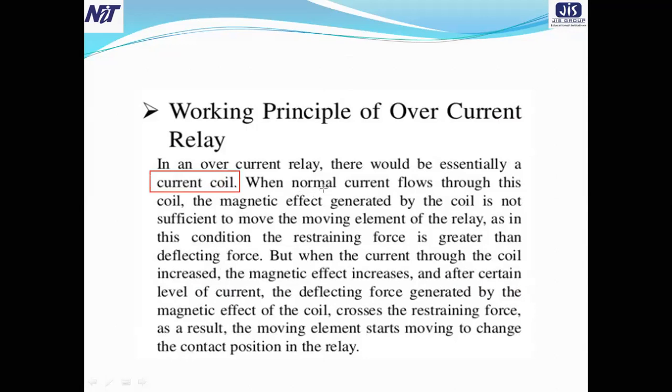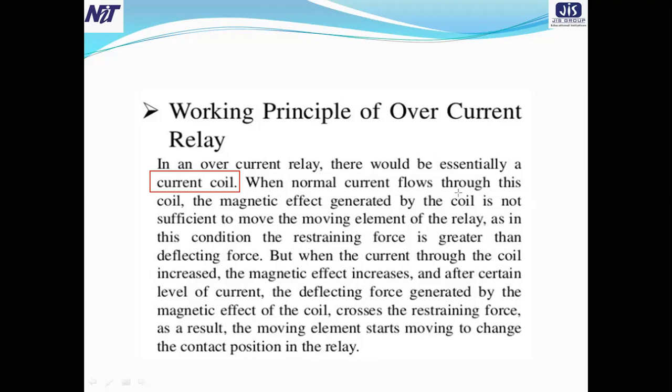When normal current flows through this coil, the magnetic effect generated by the coil is not sufficient to move the moving element of the relay. That means inside the relay there is some moving element.